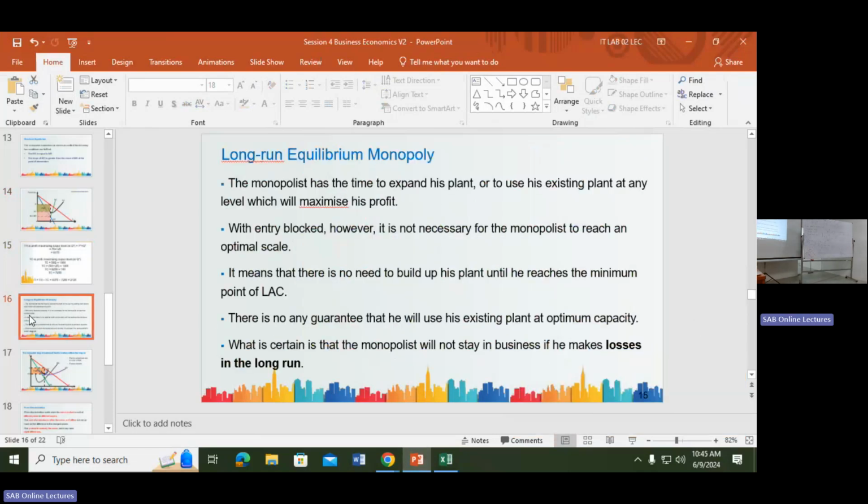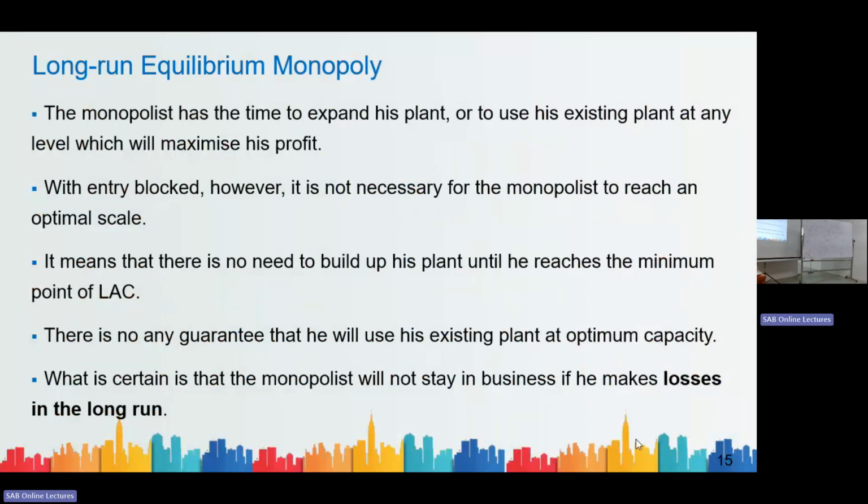Next we are going to discuss the long run equilibrium. The monopolist has the time to expand its plant or to use his existing plant at any level which will maximize his profits.